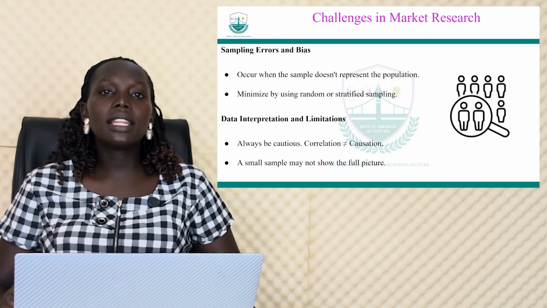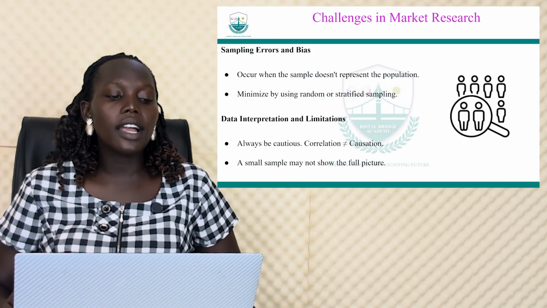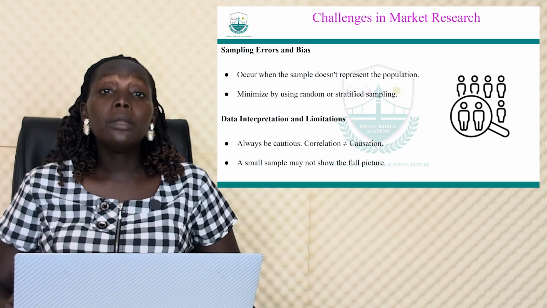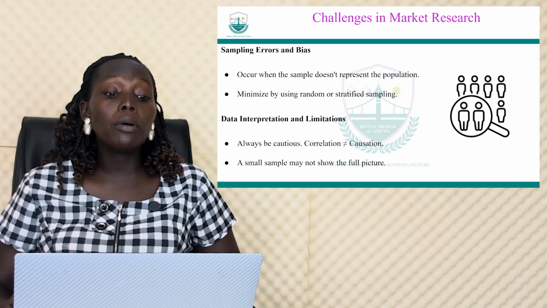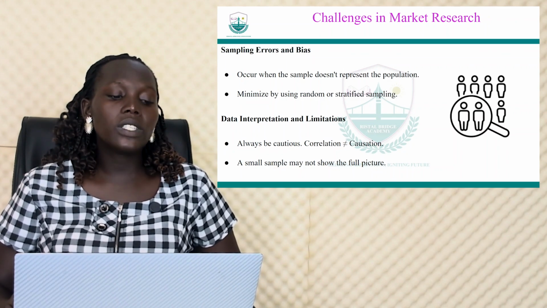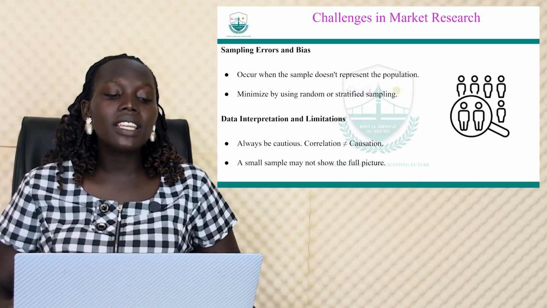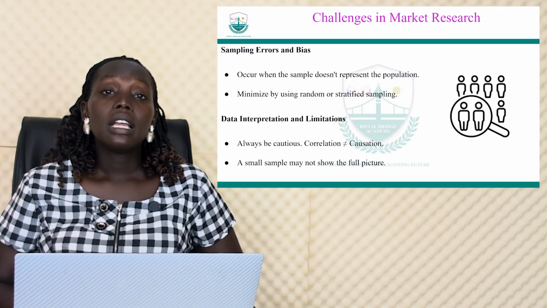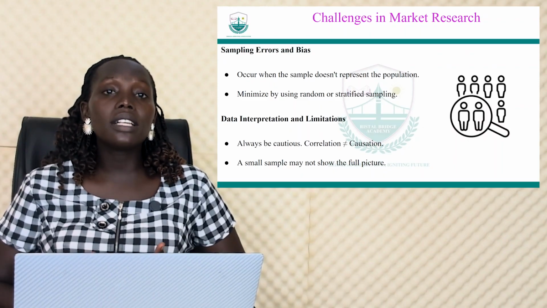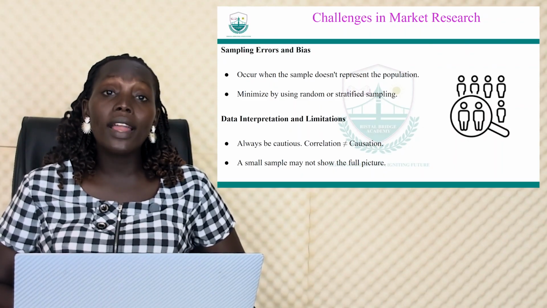So let's look at what are the challenges in market research. One, market research can involve sampling errors and bias. This occurs when the sample does not represent the population. What does it mean?